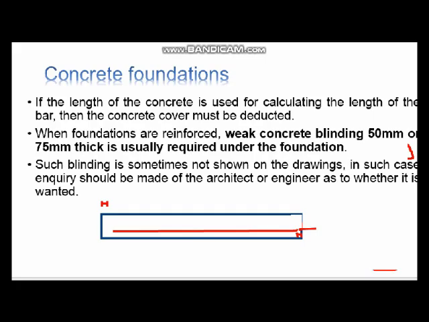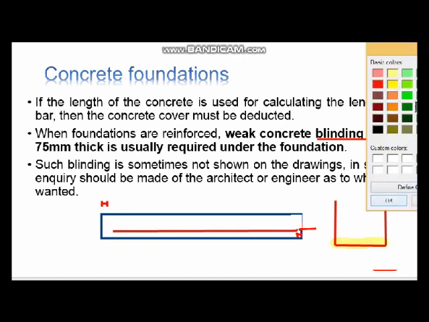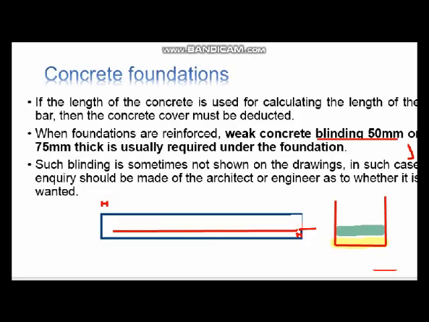And sometimes when foundations are reinforced, you will have to put a blinding, meaning a certain thickness of cement mortar in the trench. Let me try to illustrate that. Let's say this is your trench. Sometimes you pour your blinding first before you put the actual concrete foundation on top.